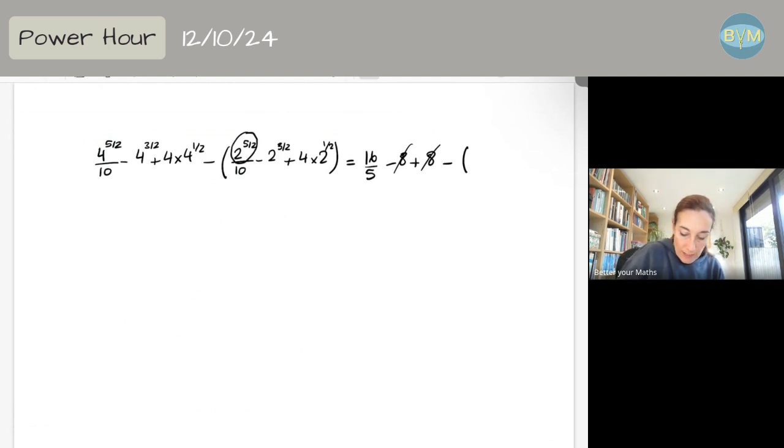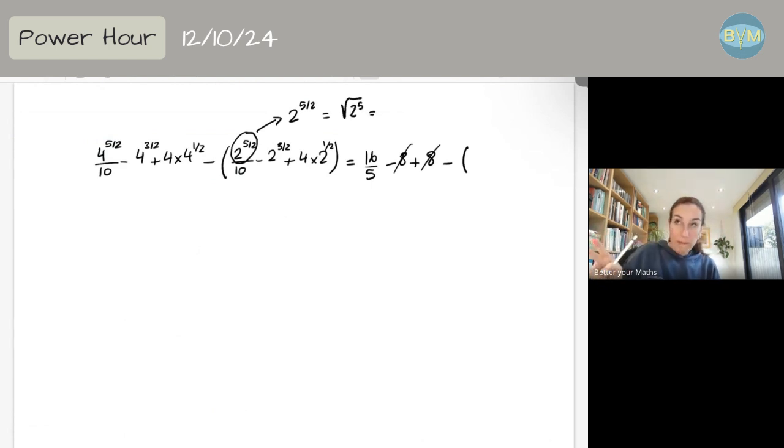Here we have 2 to the power of 5 halves. If you write that in the calculator, it's going to give you the decimals. So this is the same as the square root of 2 to the power of 5.